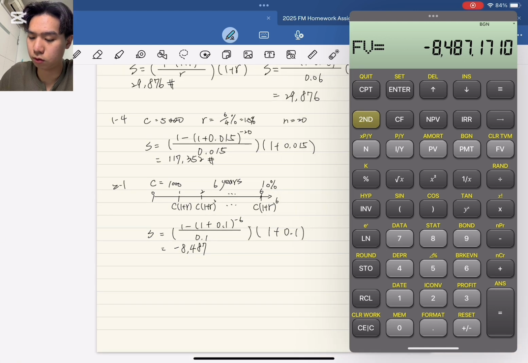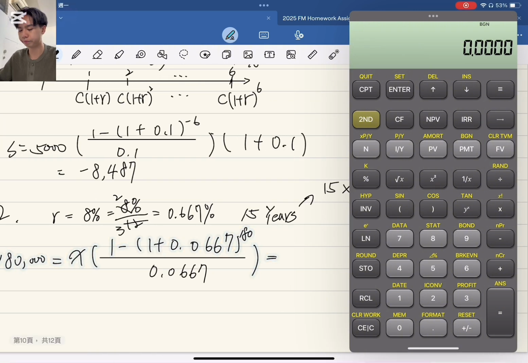Let's go on to the last question. We input the number of times we should pay, which is 180. And the interest rate is 8% divided by 12.